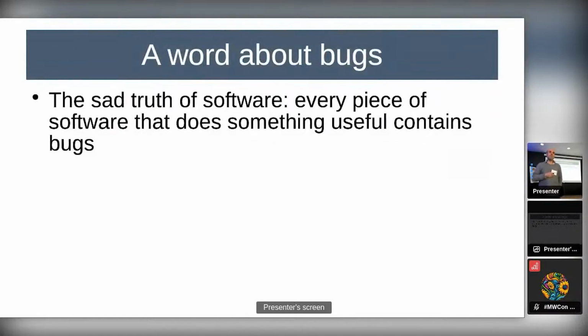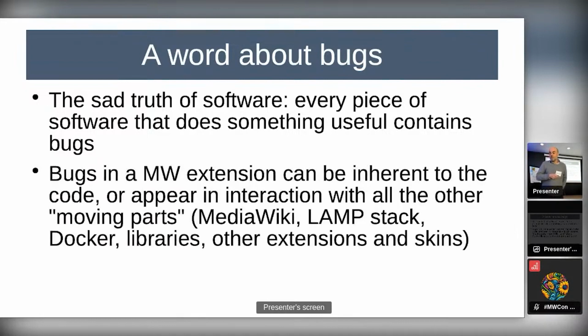So, a word about bugs. This is not a surprise to anyone who's ever done development, but every piece of software contains bugs if it does something beyond just typing hello world, or some other small thing. And it gets worse, because if you're talking about a MediaWiki extension or skin, the bugs don't even necessarily have to be in the code itself.